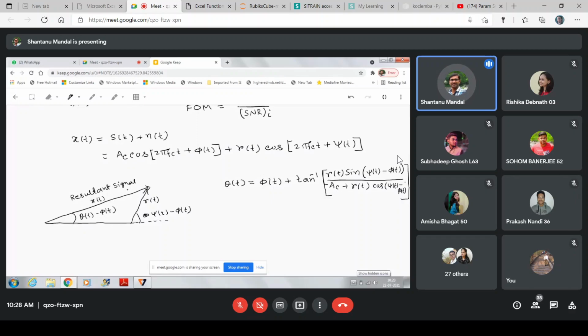So in case of FM, we have to consider only the phase variation.